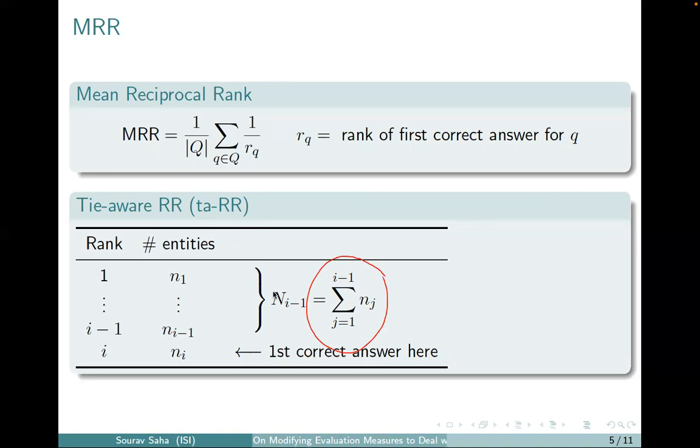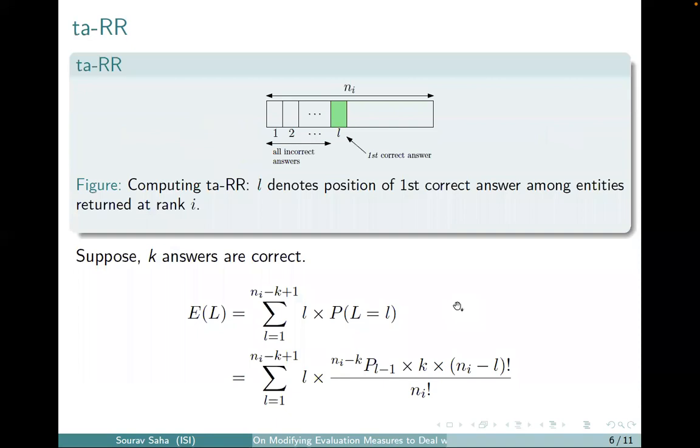Your first correct answer is, say, present in this ith position. Now the ith block looks something like this. The first correct answer could be in the first position, anywhere in the lth position, or it could be in the n minus k plus 1 position. That is the worst case.